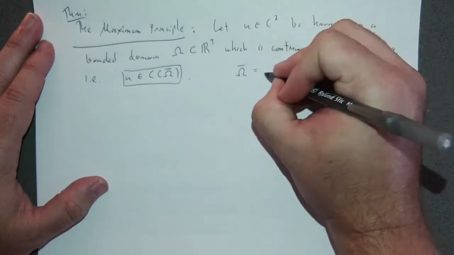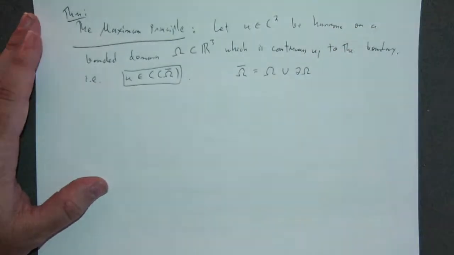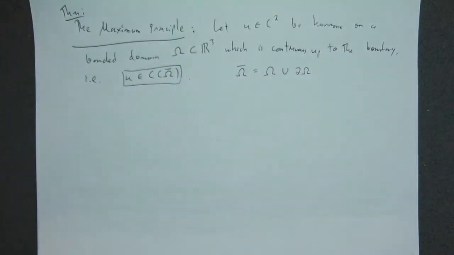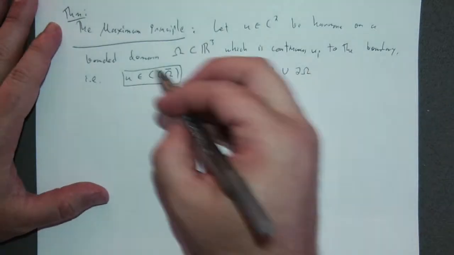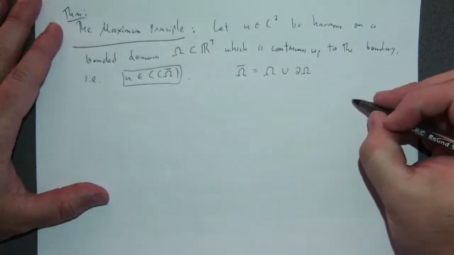closure as omega union its boundary. Now, if omega is compact, it contains its boundary. If it's closed, it contains its boundary. But whatever. Let's think about this in the way that I have, a bounded open domain here.